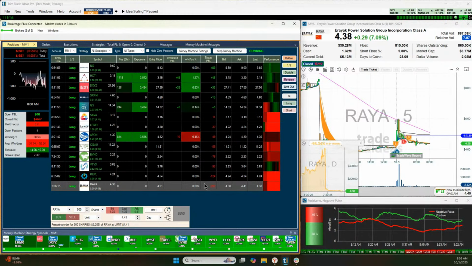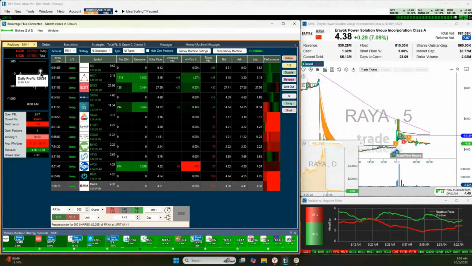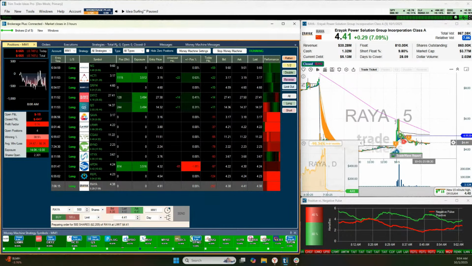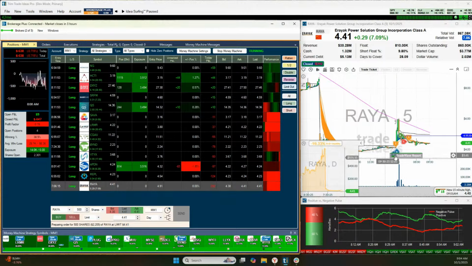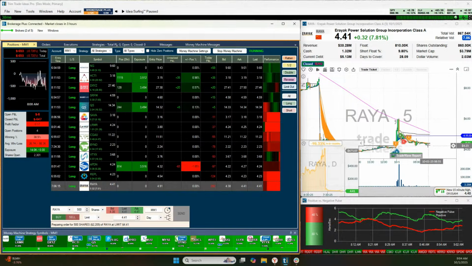You can see I started here, went down, up, got positive, and I'm pulling back. This thing has been all over the place. I'm not going to specifically trade it right now, but from a risk reward point of view, a couple hundred shares here is pretty easy.